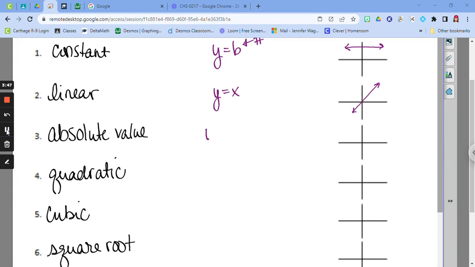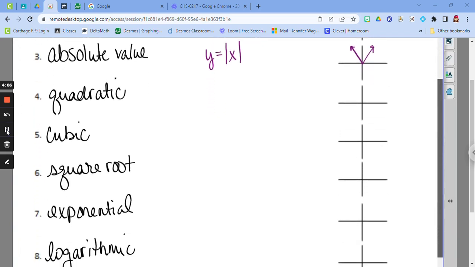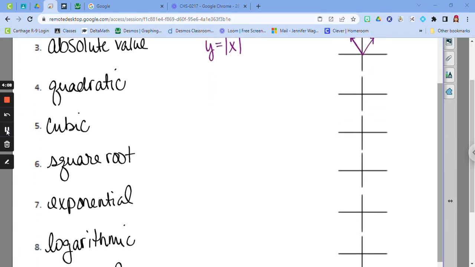So when we look at absolute value, it's a modification of the linear graph, but it's a V shape. Quadratics and cubic have a curve to them. So you have your standard parabola with a quadratic.